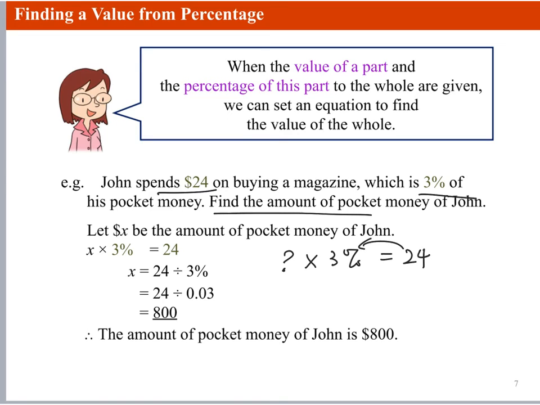Yeah, 24 is 3% of the total money. So we have this equation, and we have to solve this equation to find x. Times 3%, we move to the right and it becomes divided by 3%. Then use a calculator and you know the total amount of pocket money of John is $800.